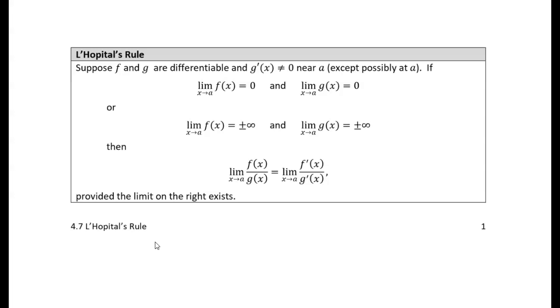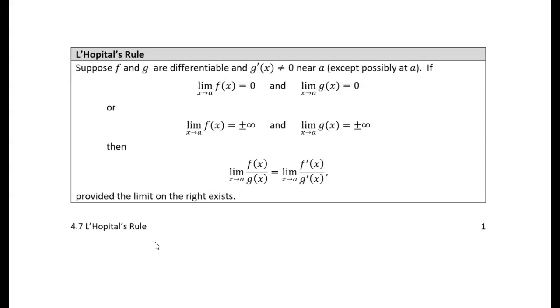It says that if you have two functions, f and g, where they're differentiable and also g prime is not equal to 0 near a, except possibly at a, and if the limits of f and g are both 0, or the limits of f and g are both either plus or minus infinity, then the limit of the rational function f of x over g of x is equal to the limit of the ratio of the derivatives, f prime of x over g prime of x, provided the limit exists.